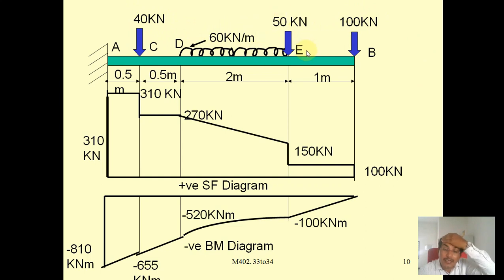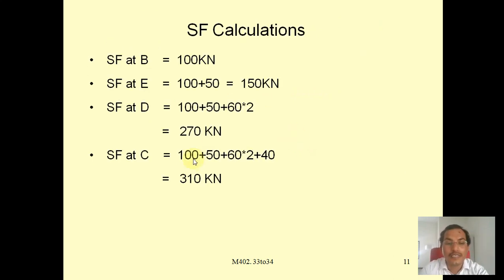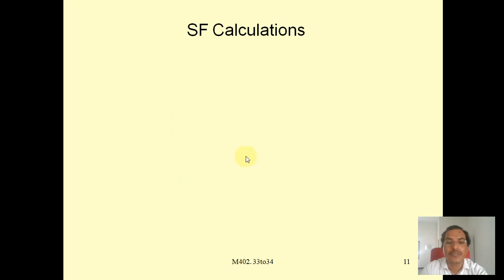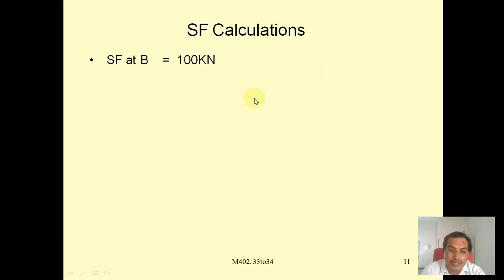At the C point it is also considering 100 plus 50 plus 40, the force having upward direction. So 100 plus 50 plus 40 and 60 into 2. From D to E, where the UDL load applies, we consider only load into length, W into L, so 60 into 2.